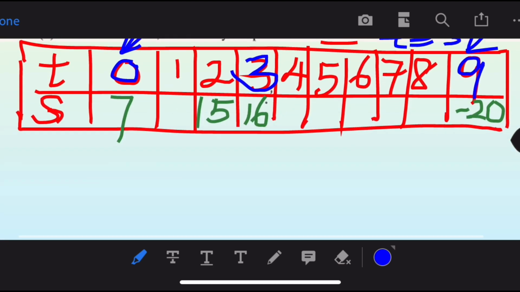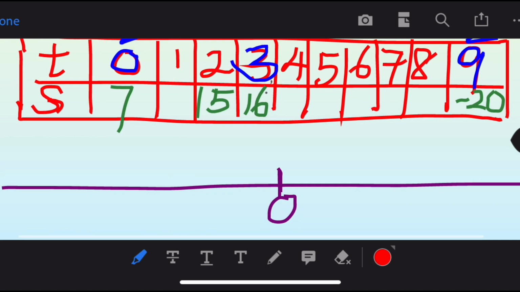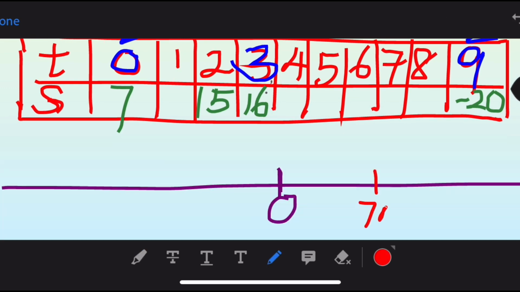Now let's try to figure out how the particle moves. Let's say this is a fixed point. When t equal to 0, where is the particle? It is actually not at the fixed point. The particle is 7 meter from the fixed point at t equal to 0, the starting.